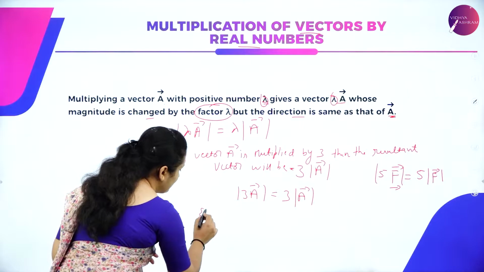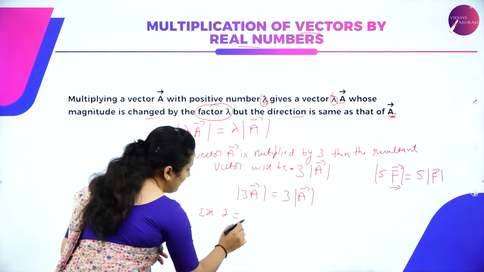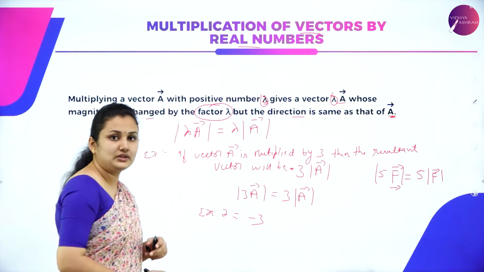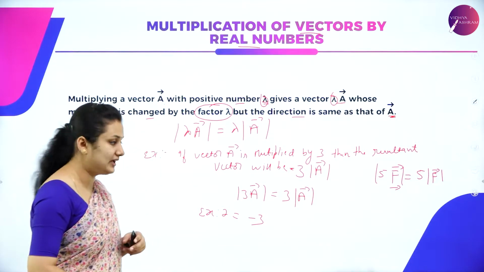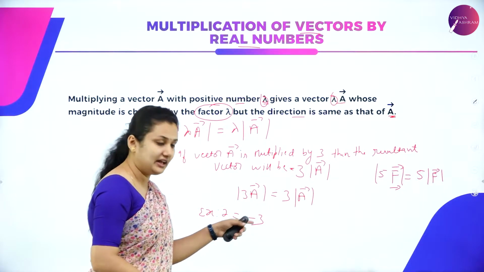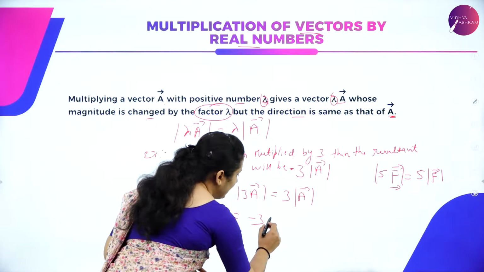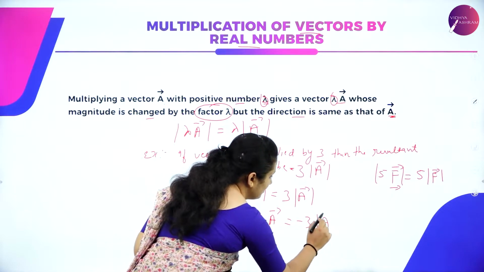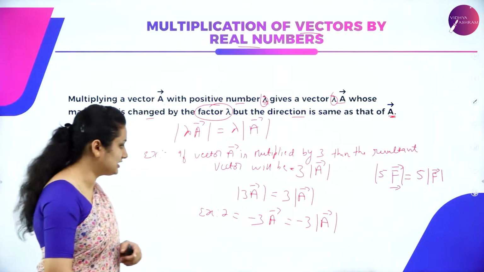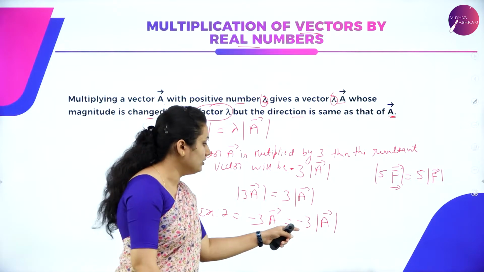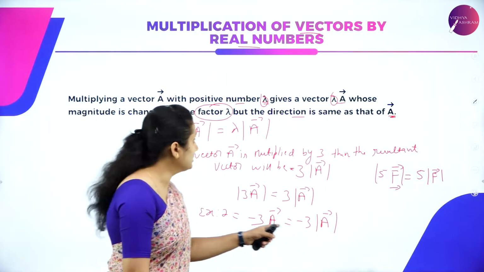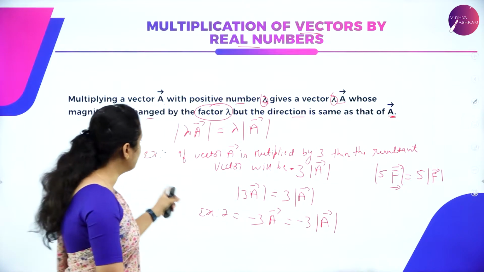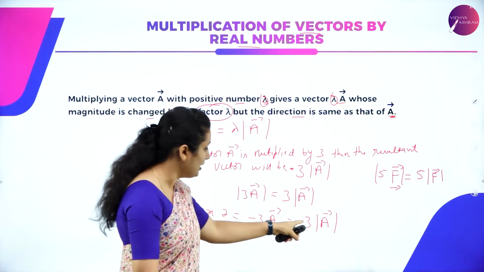Similarly, example 2. If you multiply a vector A with -3, a negative number, then you will get -3 times the vector A. So here you can see the magnitude of vector A is changed by the factor 3.